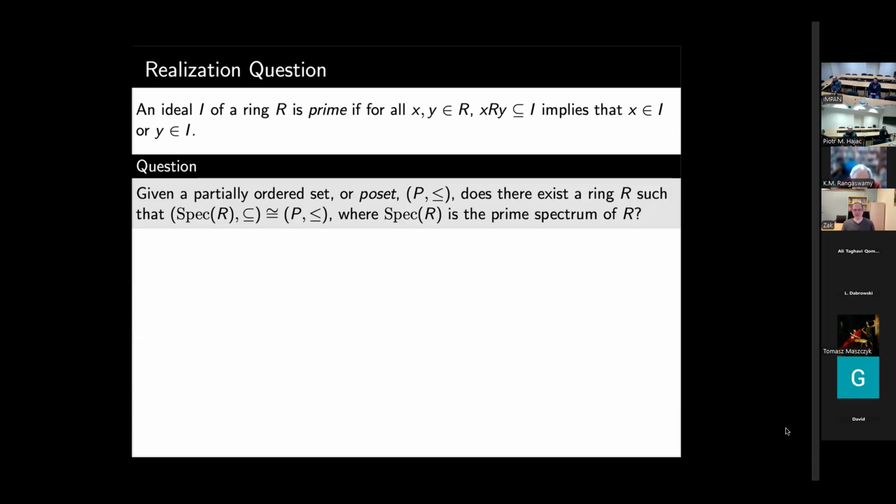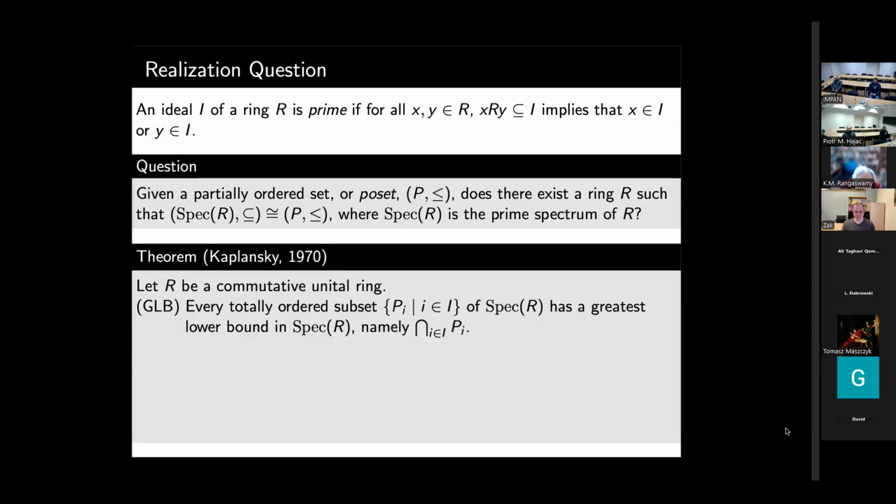So in this particular question of prime spectra as partially ordered sets, the person most famously associated with that is Kaplansky. And he published a book in 1970, and he goes into this question in some detail for commutative unital rings. And he showed that the prime spectrum of a commutative ring as a partially ordered set has certain properties.